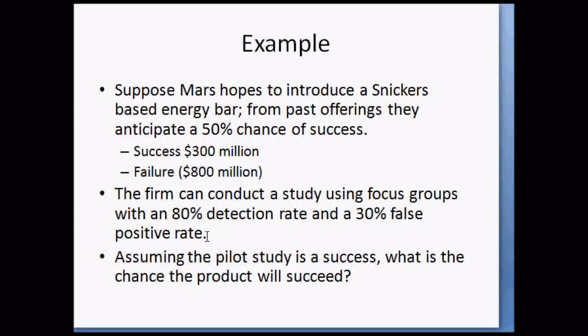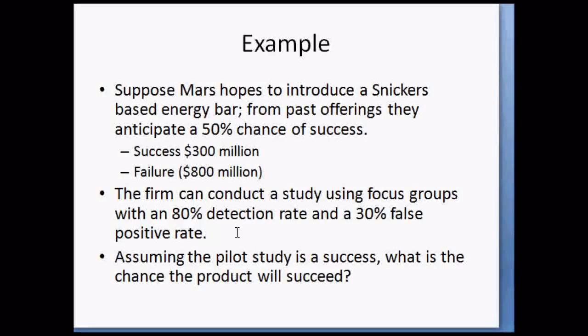So in this case, we're saying of the products that ultimately were successful, 80% had good focus group studies. So imagine we've got a history of introducing new products, and we had 100 new products that we introduced. 80 of those 100 new products would have had successful test markets. And let's imagine that we had 100 products that failed. 30 of those failures had successful test markets as well.